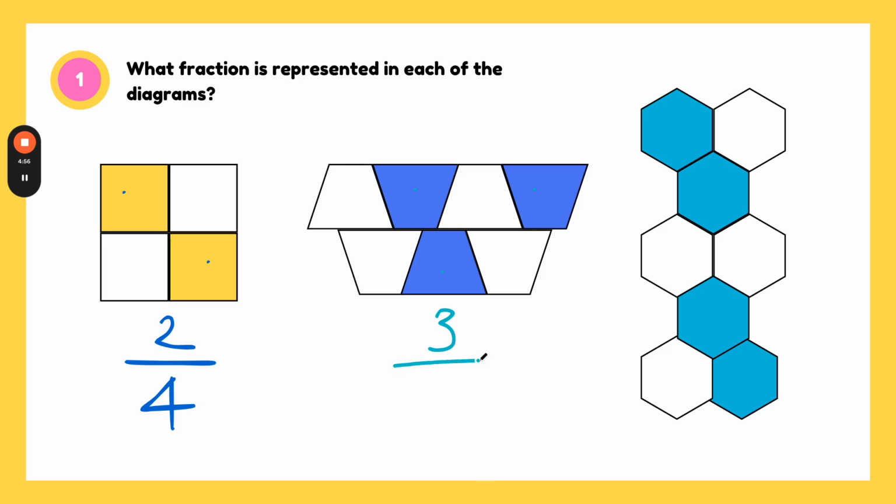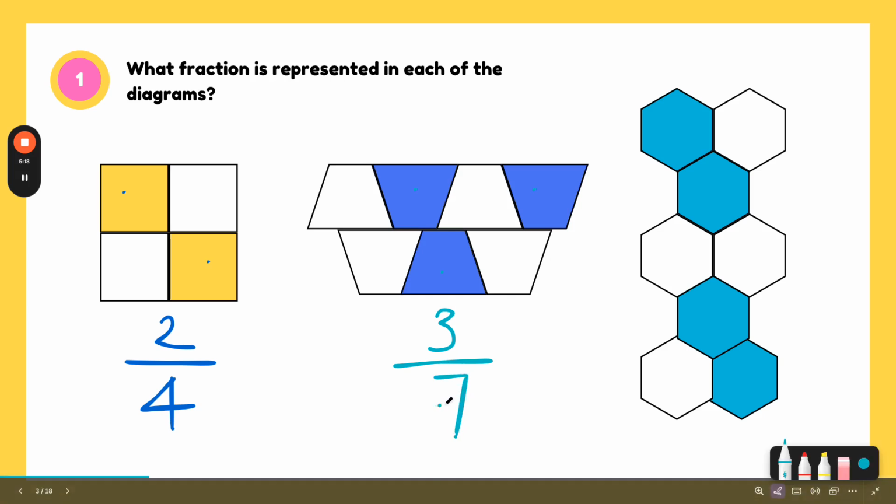And our denominator would be how many parts altogether make up the whole, which includes both shaded and non-shaded parts. If we count, there are 1, 2, 3, 4, 5, 6, 7. So that's 7 parts altogether. So the fraction represented in this diagram is 3/7.